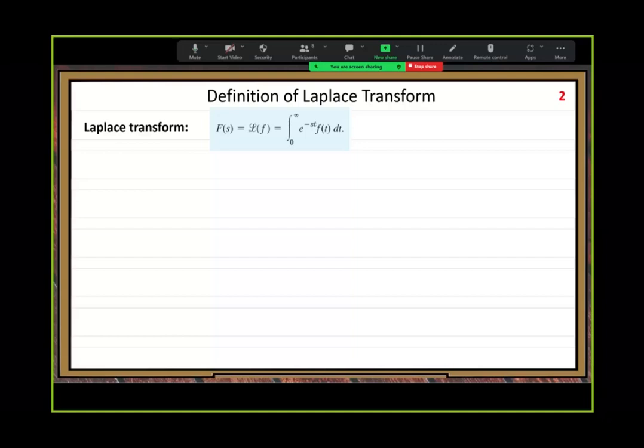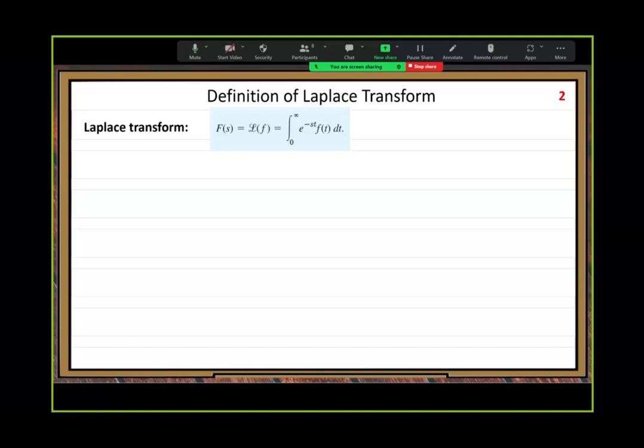Then you apply the Laplace transform, and it changes to a different domain. Capital F of s is the transformation output function. The variable will also change: in the original domain, we use the t variable; in the new domain, we use the s variable.